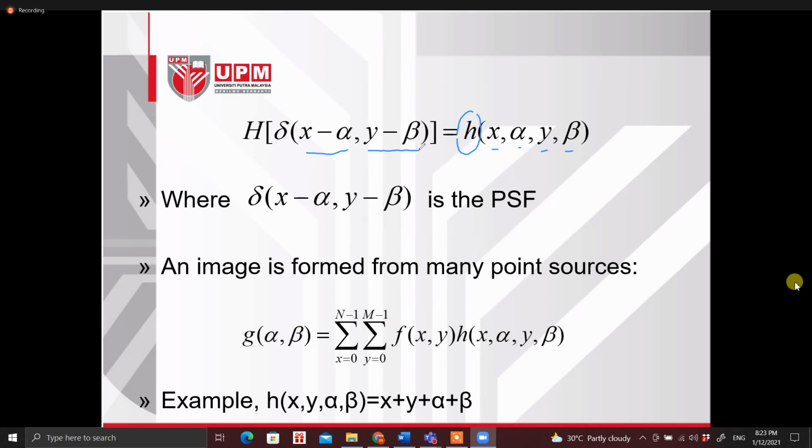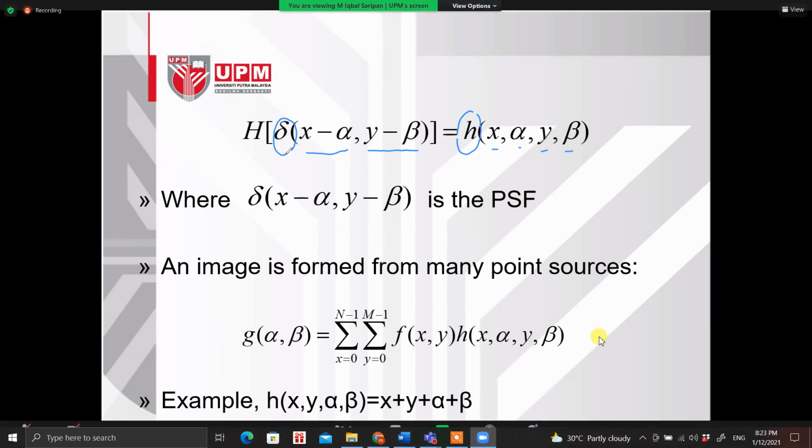And if we have a delta, meaning that we just have one point, the whole term can then be simplified to become one, because it's a delta.